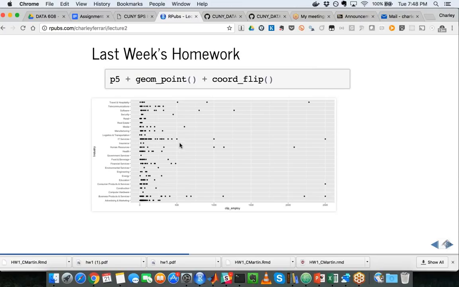There are ways to deal with this. You could jitter the points, so you would still be able to see a cluster of points. For example, this is more clustered, and these are a bit more spread out.